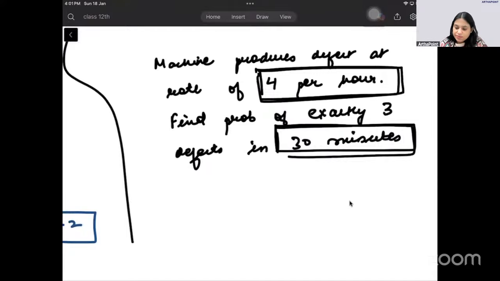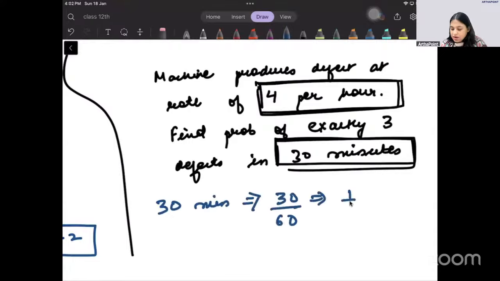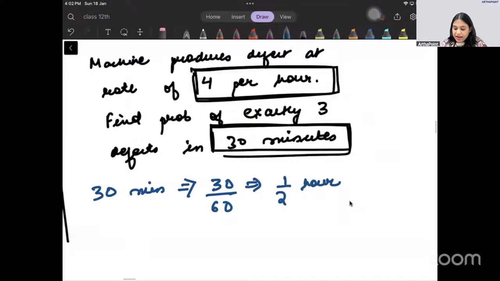So let's see. 30 minutes means 30 by 60, half hour. Right? So I have converted this in terms of hours. You have to convert everything to the same unit, only then you will solve.